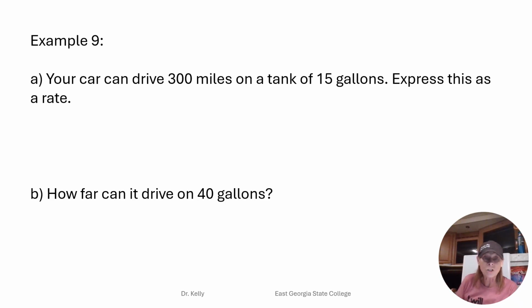So we can change in our thinking that on a tank of, and we can replace that with the word per. Now remember, anything that comes after per, that is in the denominator. And anything that comes before per is the numerator.